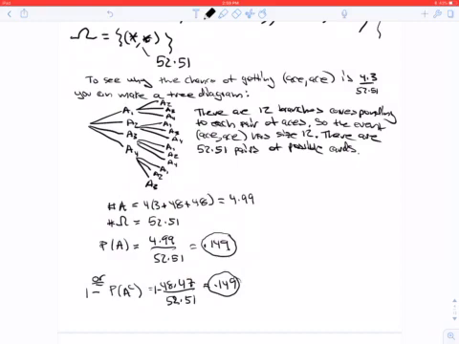So the chance of that is 48 times 47 divided by 52 times 51, and then it's 1 minus that to give us the same answer. So that's obviously a lot quicker.